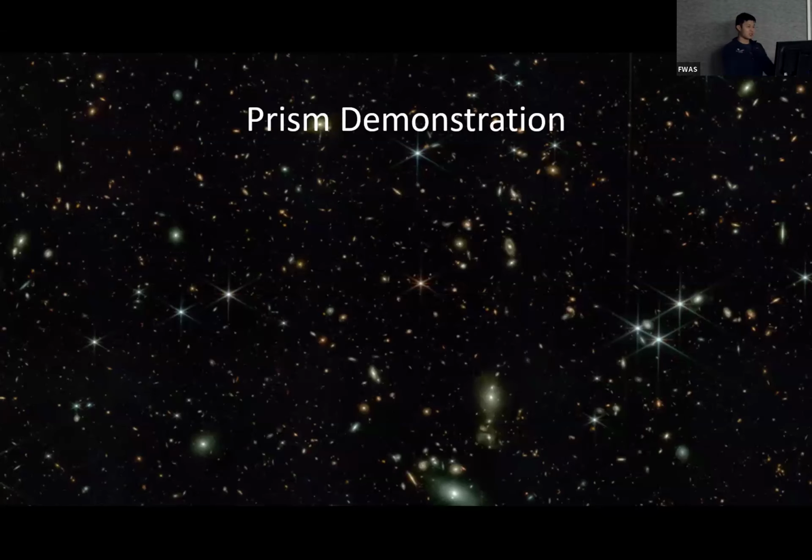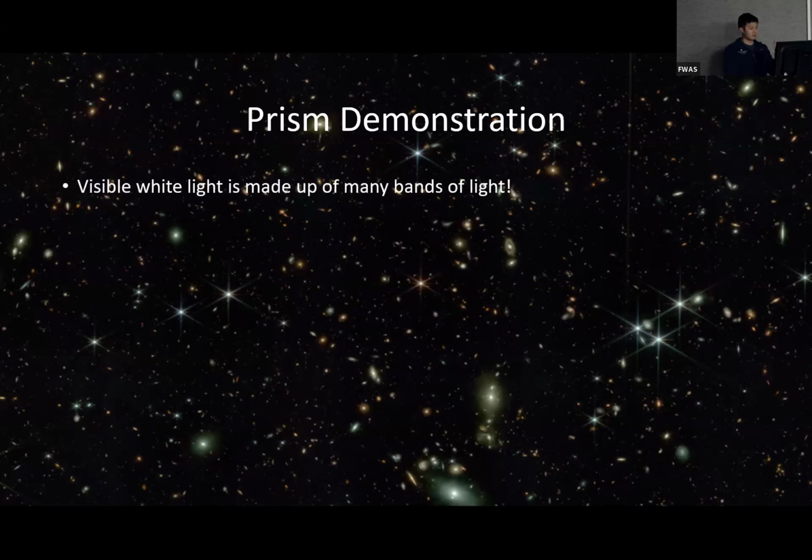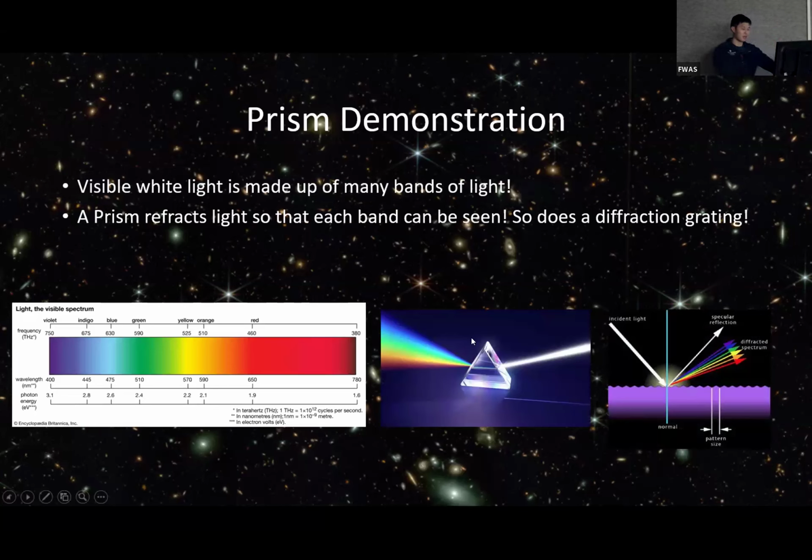You can use a prism, but there's also a diffraction grating in here as well. Basically, visible light is actually made up of many bands of light. Whether it's the light from the lights in here or a flashlight, you can split it up into its bands through either refraction or diffraction, so there are two different ways. With a prism, white light comes in and you refract it based off what we call the index of refraction, so the bands bend.